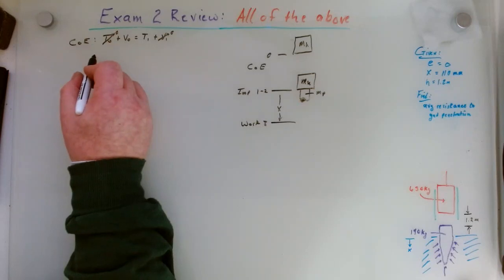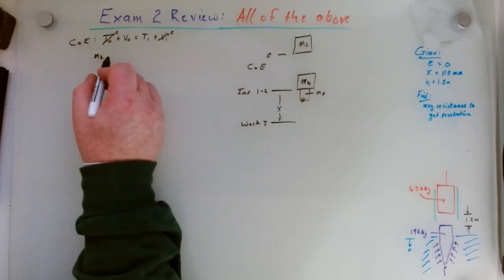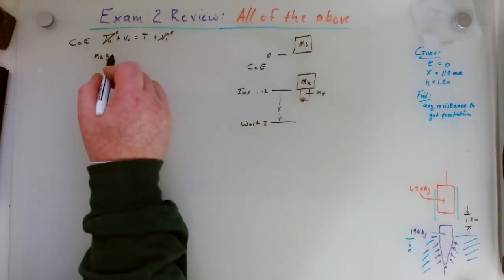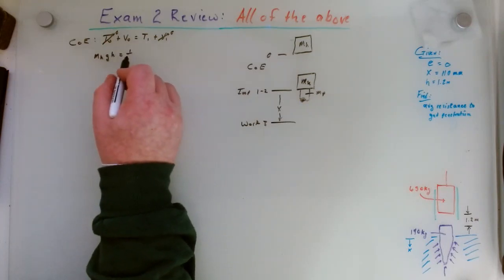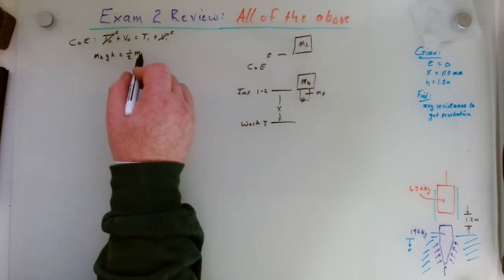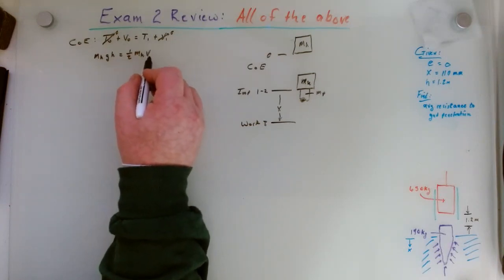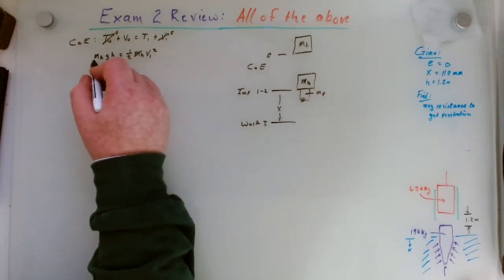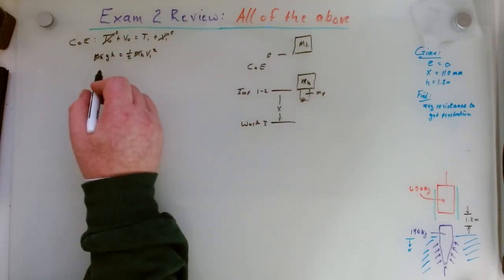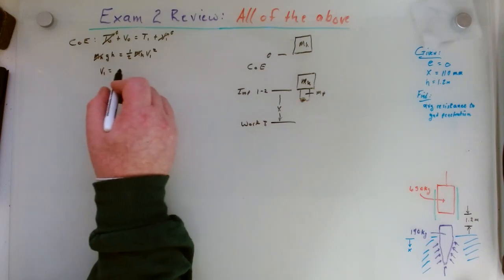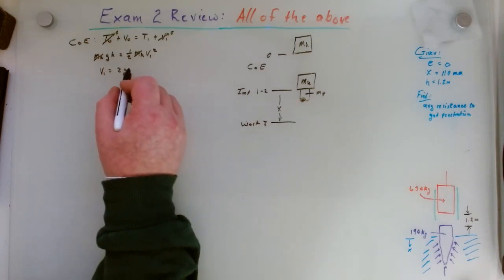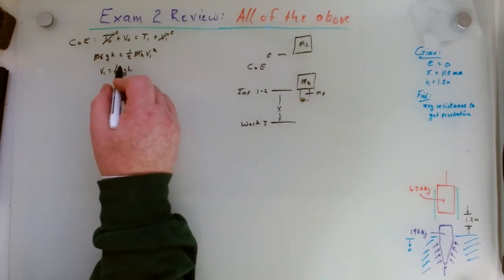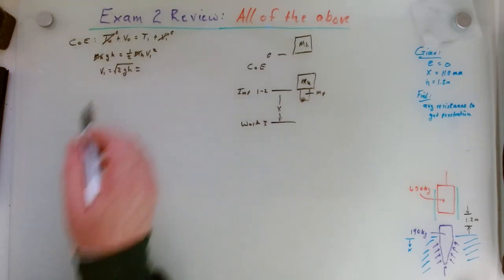V naught is mgh, and that's going to equal 1/2 m v1 squared. The m's drop out, and v1 is equal to the square root of 2gh, which is super famous.